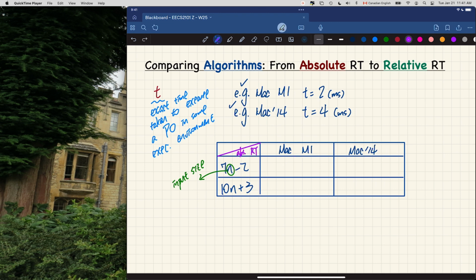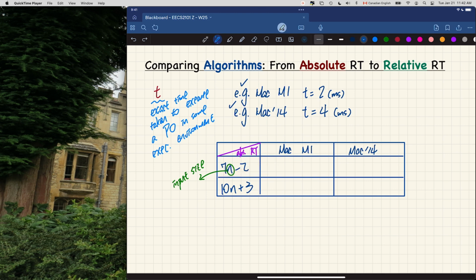How exactly? Let's say for the Mac M1, because we know that it's going to be 2, we first of all got to figure out exactly how many primitive operations there are and calculate that, and then multiply by the amount of time it's going to take for each one of them. So I'm going to write down here.